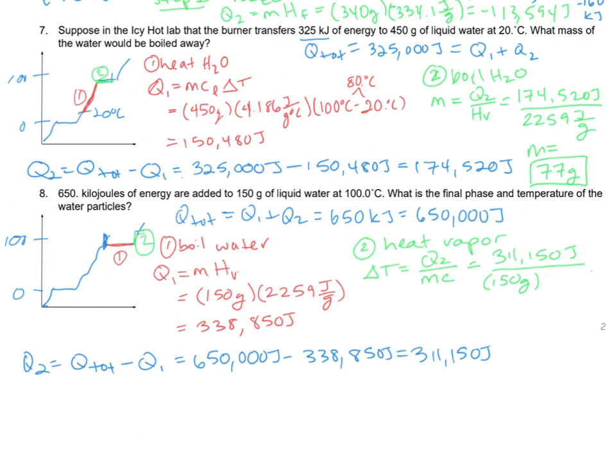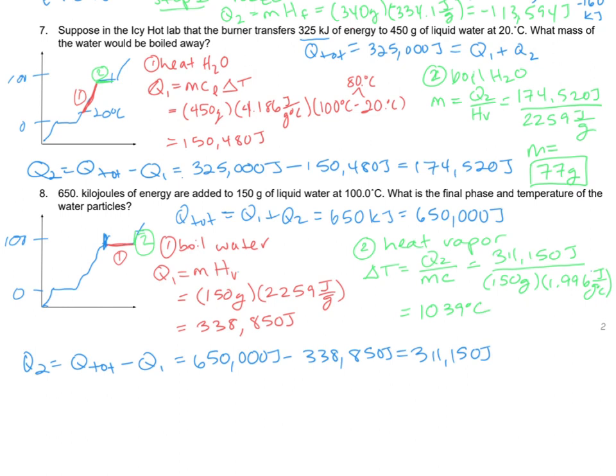This is the specific heat of water vapor. Remember to always make sure you're using the correct constant. So this was on the front page. It's 1.996 joules per gram per degree Celsius. When we do the math there, 311,150 divided by 150 divided by 1.996, I get that my delta T, I'm not ready for sig figs yet because it's not quite the last step, is 1,039 degrees Celsius.